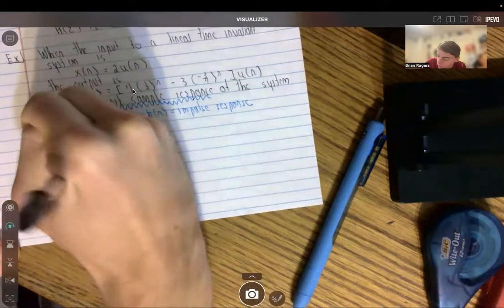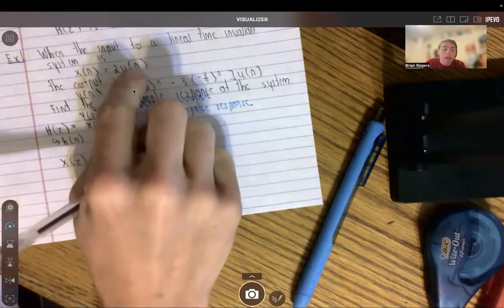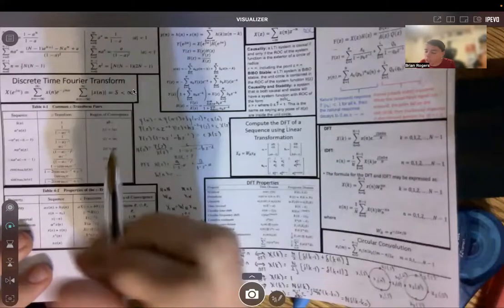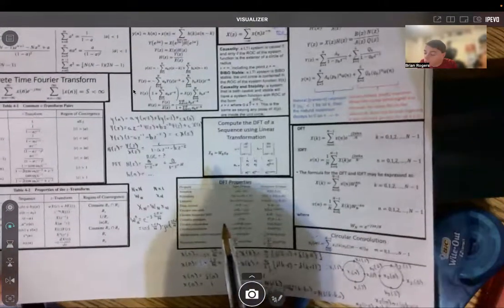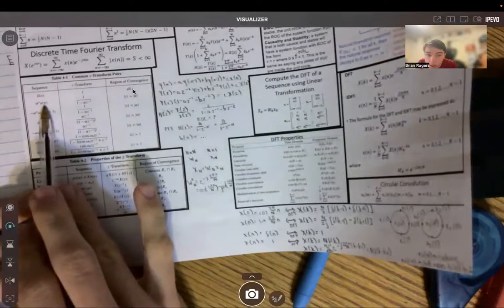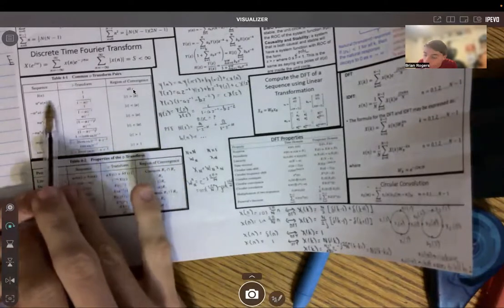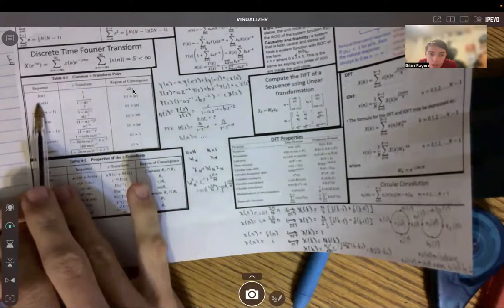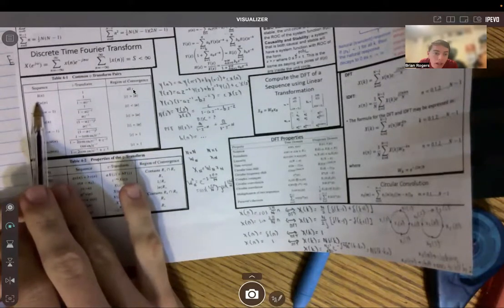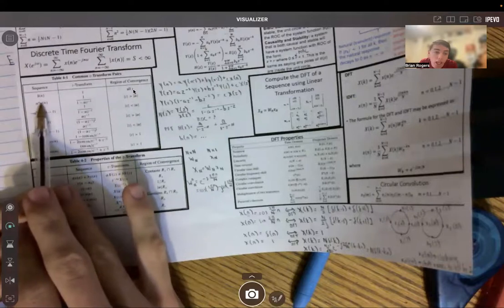So in order to find the z transform of my x of n, this was 2u of n. Looking at my z transform table here, when we have a u of n, that looks good. The only thing is we have an alpha to the n, but remember we substitute in alpha equals 1, because 1 raised to any power is just 1, so it doesn't change.